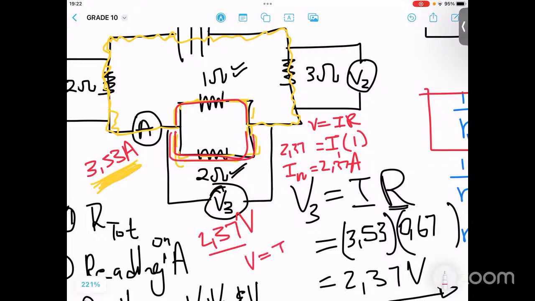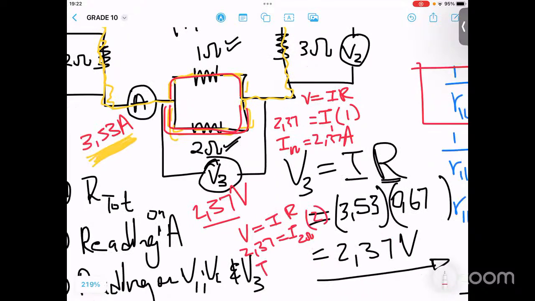Then you still use that same V of 2.37, which is equal to the current on the 2 ohm resistor times R. So that means here for R you substitute 2. Then what you do, you say I on that 2 ohm resistance equals 2.37 divided by 2.